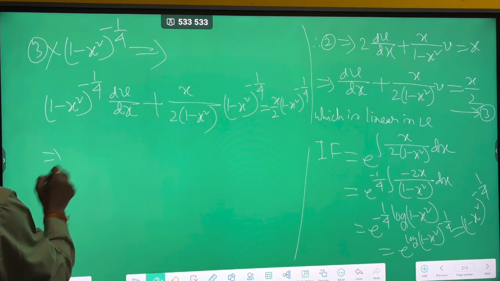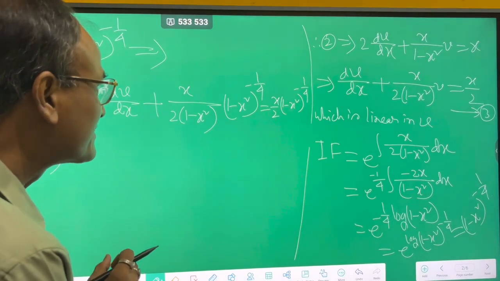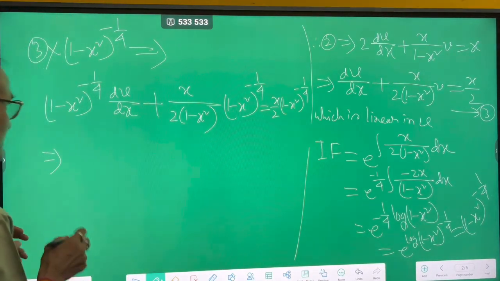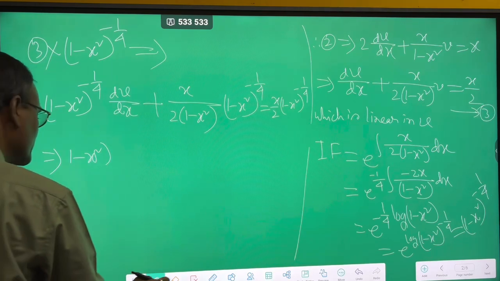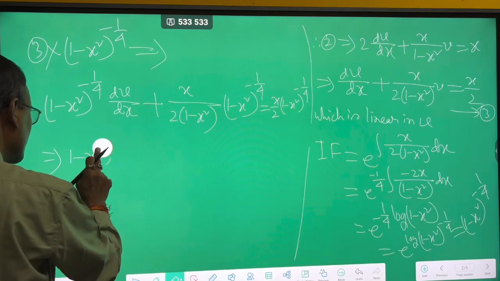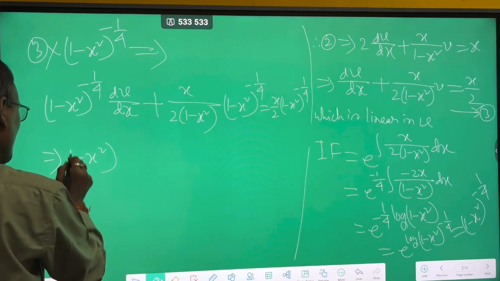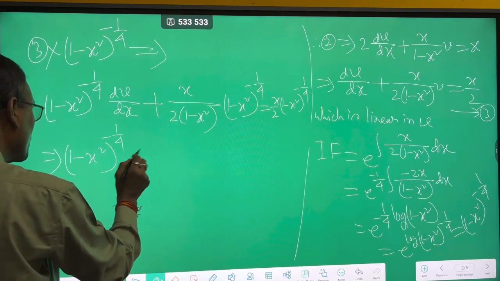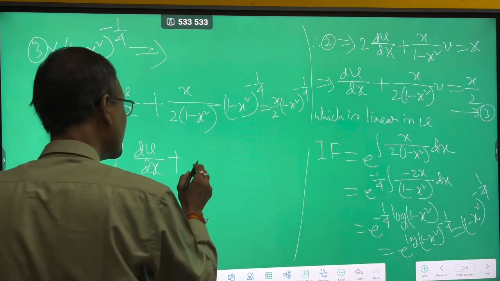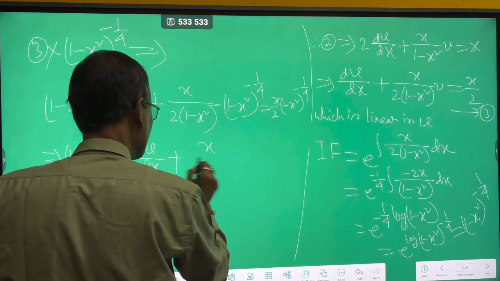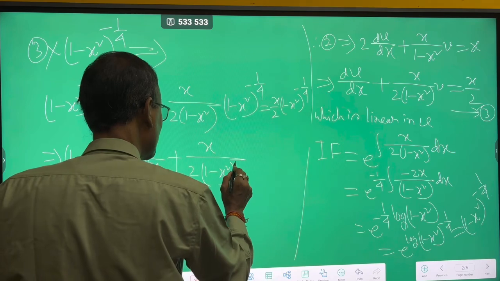Or you may write 1 minus x square whole to the power minus 1 by 4 dv by dx plus x divided by 2 into 1 minus x square whole to the power 5 by 4.